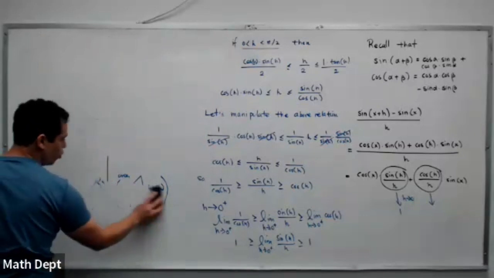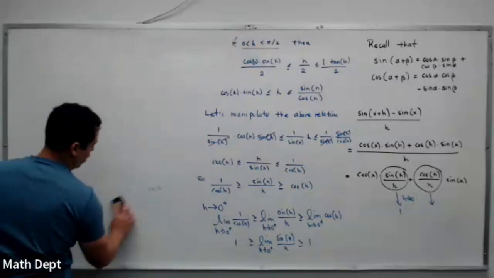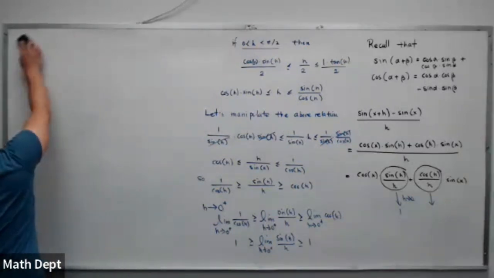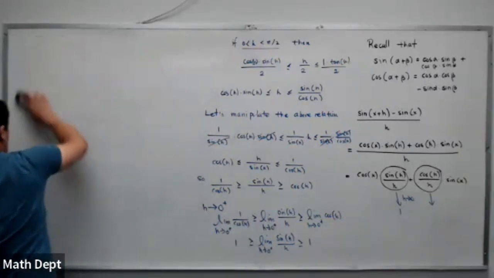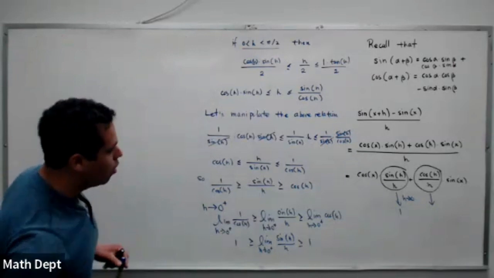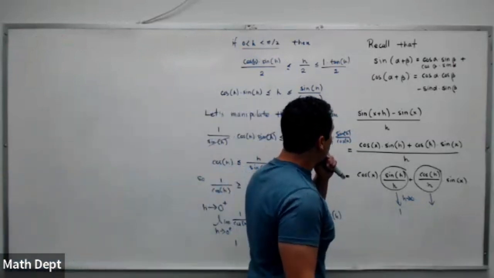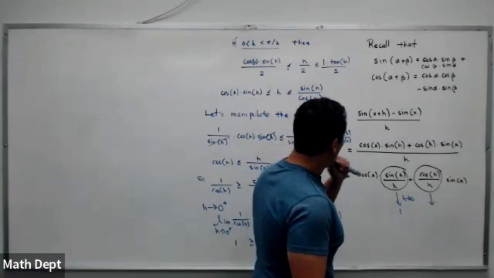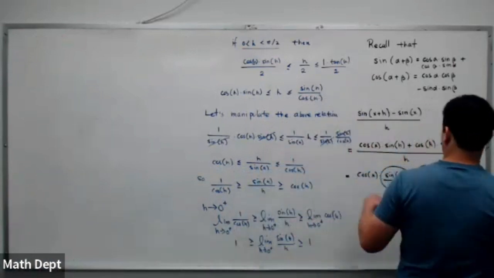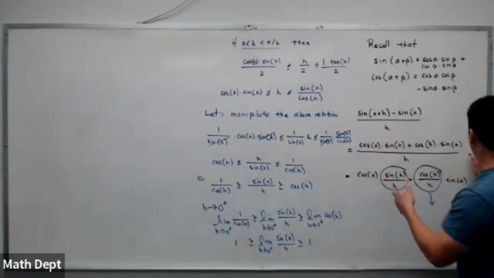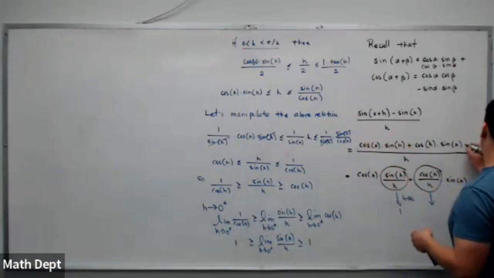Let me just erase this portion. Let's make an exploration about this. Before I forget, I'm only exploring this portion, but there's an equality that is missing here, because I should be saying minus sine of x.